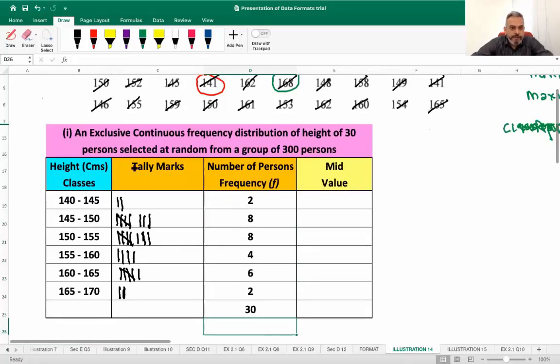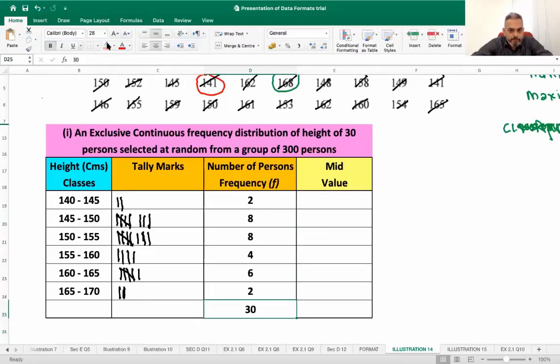Now, please all of you write the heading: an exclusive continuous frequency distribution of height of 30 persons selected at random from a group of 300 persons.